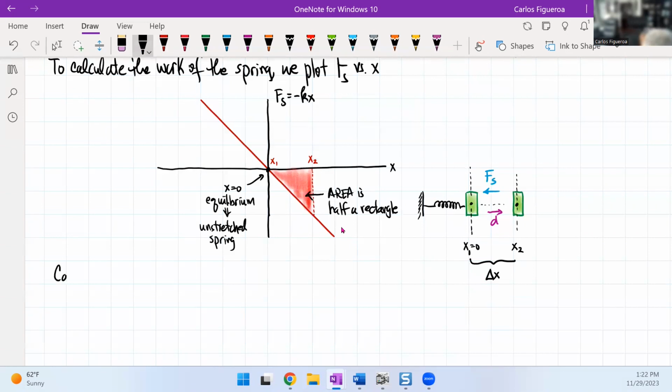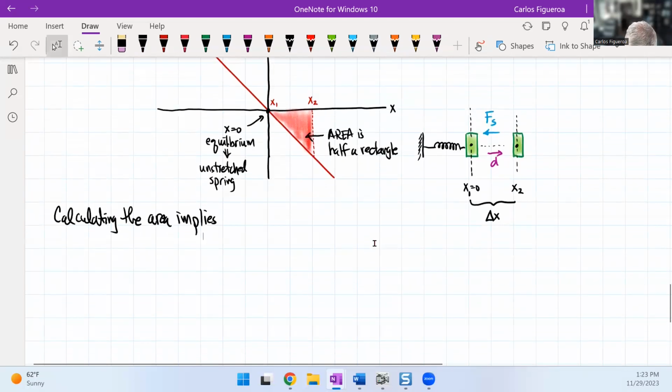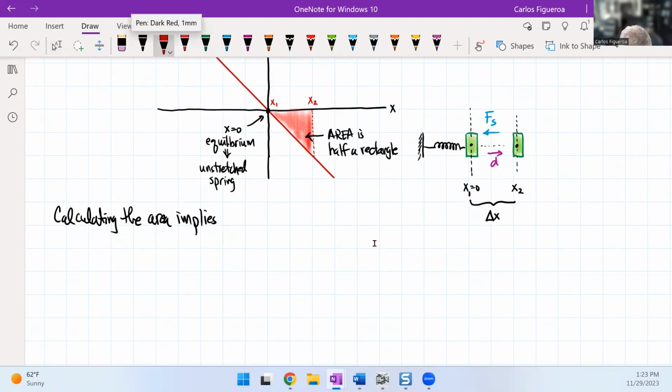So now, calculating the area implies that when I look at my line, I have a triangle.